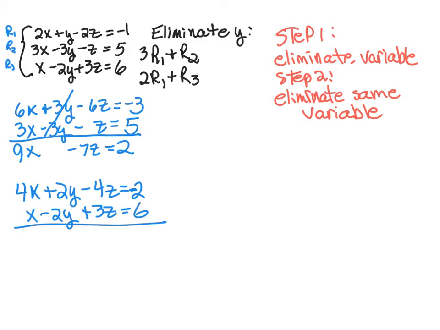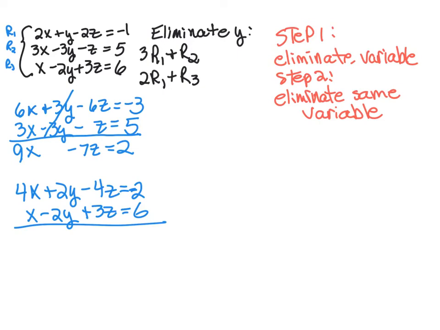That takes care of step 1. You move on to eliminate that same variable using the remaining 2 equations. So the point of what we're doing is to take 3 equations with 3 variables and create 2 equations with 2 variables by eliminating the same variable in 2 different ways.